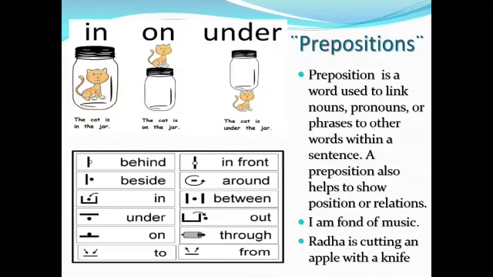These are prepositions and they show position. We also have prepositions which show relations. For example, when I say I am fond of music, here 'of' is a preposition and it shows relation. Radha is cutting an apple with a knife. Here 'with' is a preposition.